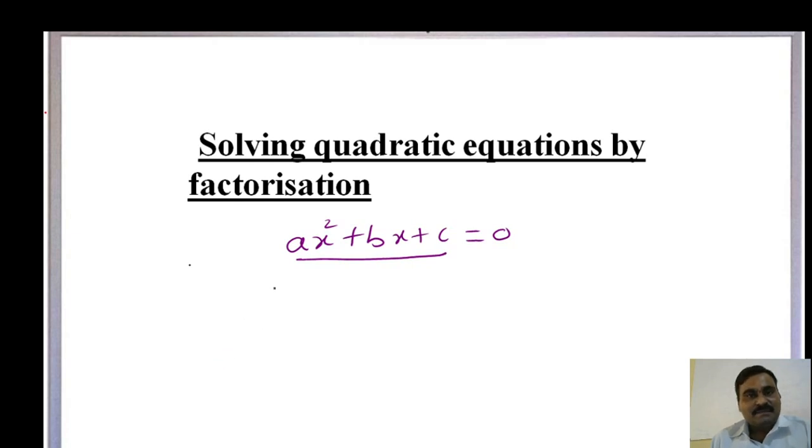We may see some fractions, some brackets involved, and all the terms may not be on one side; some terms may be on the left side, some on the right side. So in order to solve the quadratic equations, first we have to learn some steps. What are the steps? Let us see.